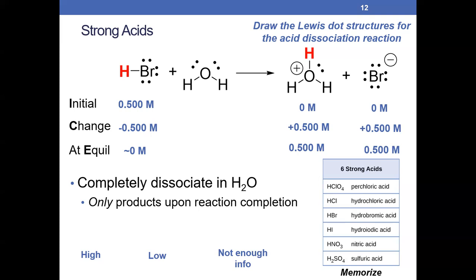Our definition of a strong acid is that it completely creates our conjugate base and H3O+, and none of our strong acid remains in solution. So if I have a strong acid, is my Ka value going to be high, low, or not enough information?